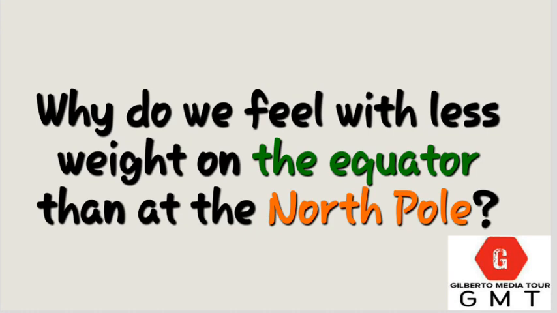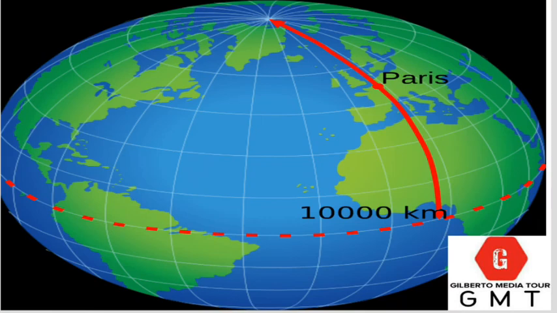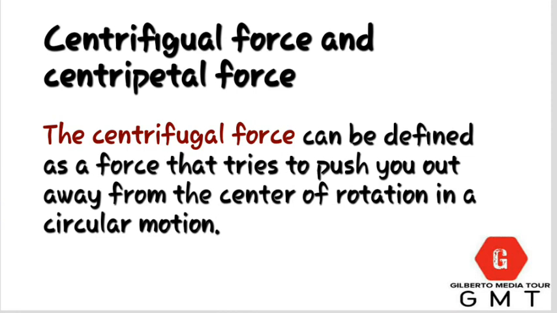Let's go ahead. So the distance from the center to the equator and the distance from the North Pole to the equator are not the same, isn't it? Let's look at centrifugal force and centripetal force. Centrifugal force is the force that pushes you away from the center of rotation in a circular motion.